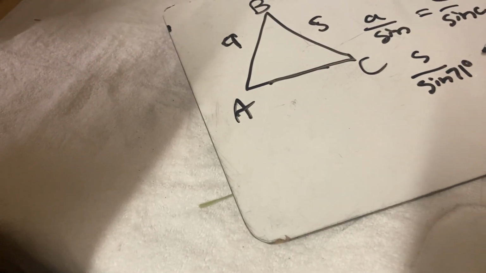Well, we need to get the other values. So let's do A over sine A, which would equal C over sine C. If we plug in our numbers, that would be 5 over sine 71, which would equal 9 over sine C.